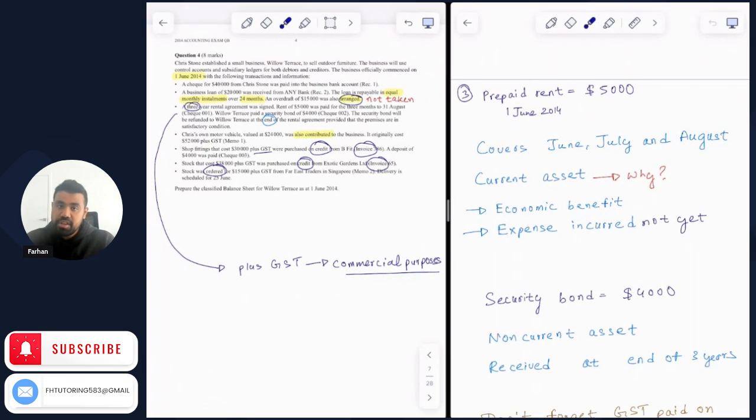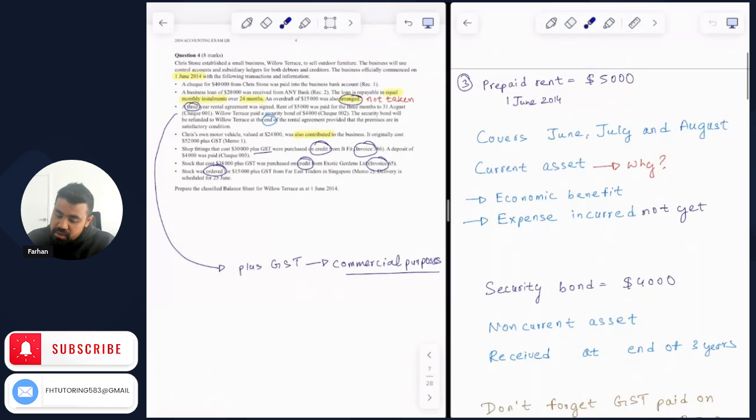So obviously GST should be included in this case. So when we're prepaying $5,000 of rent, we also have GST of $500, which is 10% of this amount. Now, this GST that we are paying is what we would show on the debit side of the GST clearing account to reduce our obligation or our liability, which we have with the ATO. Now, we will come back to GST at the end when we do all the calculations.